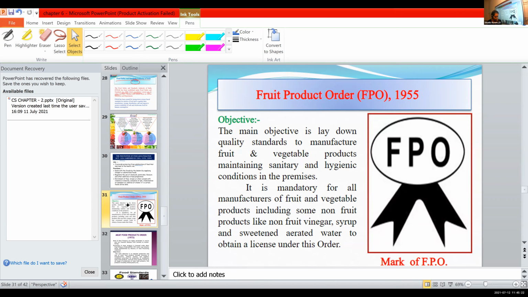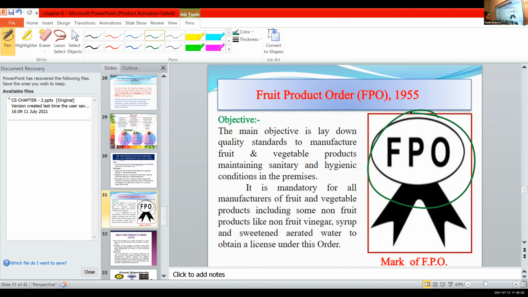FPO, Fruit Product Order. So this is a certification mark, this FPO symbol. This is a certification mark that is mandatory for all processed fruit or processed food products. If you're planning to start an industry, a food industry like jam, you need this FPO license to start that industry in India.